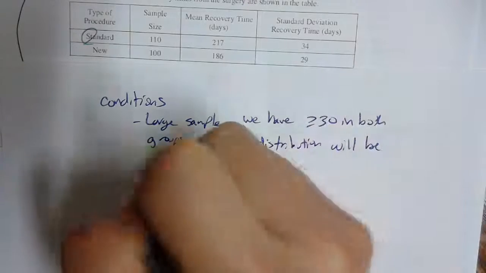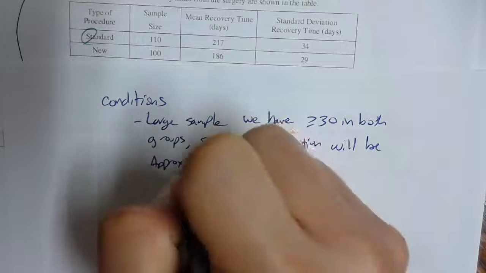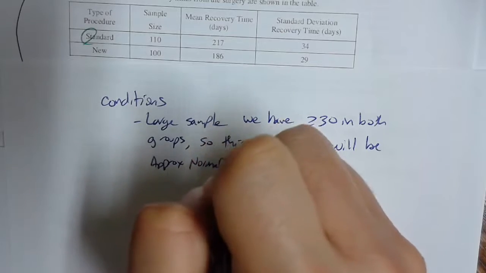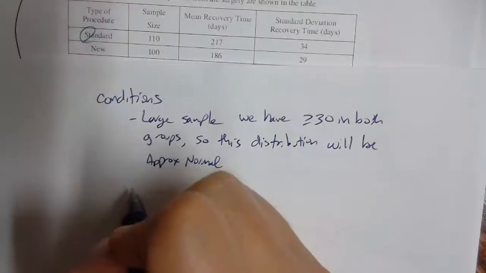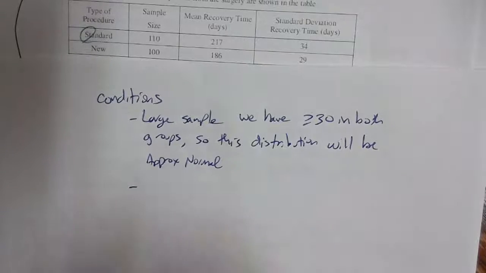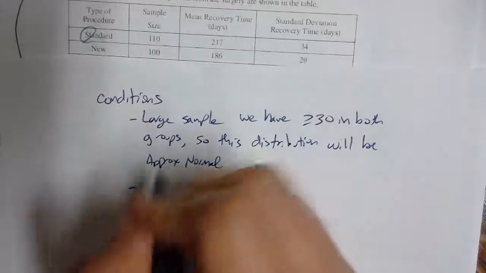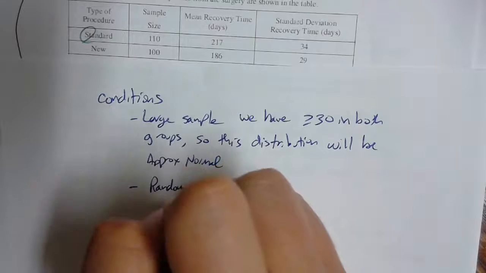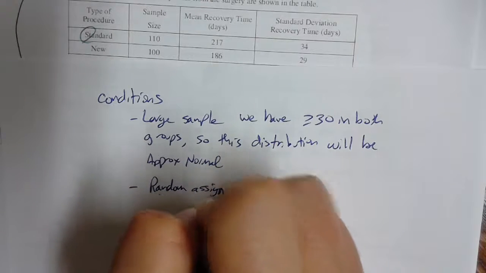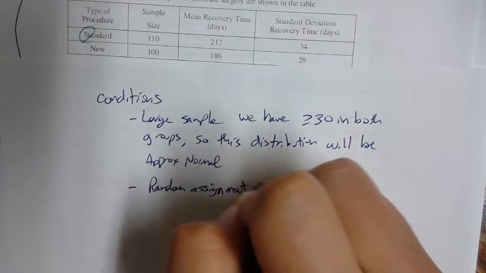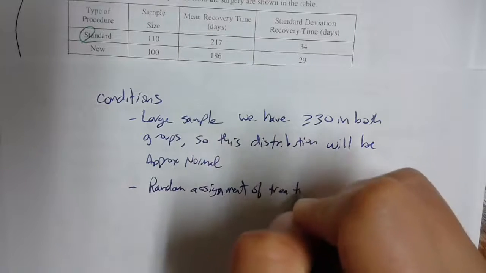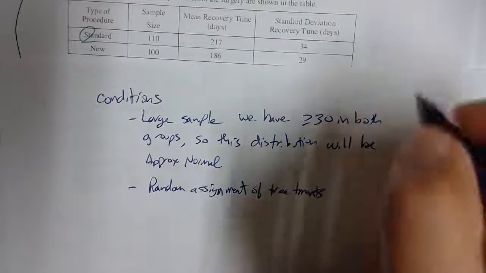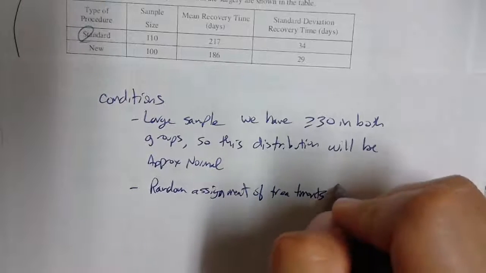And then finally, the other one is the random samples here. So that was met too. So we had the random assignment of treatments. That was met. And that was given to us right from the beginning, so we knew that even from part A. So that random assignment's important.